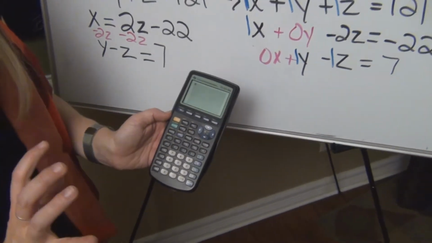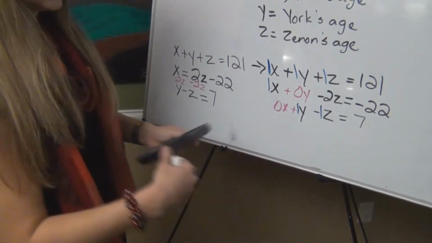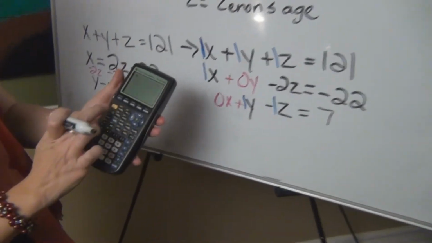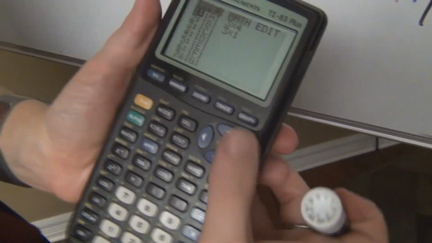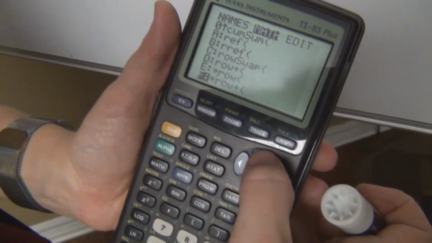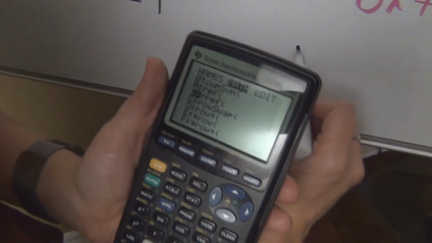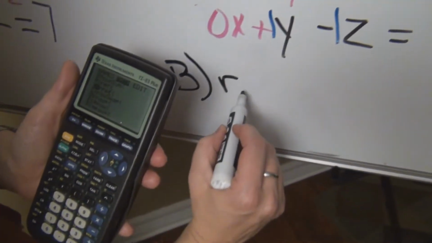Now we're ready for it to do its calculation. We've entered in the data. To do the calculation, you're going to go back to second matrix, and we want it to do some math. So we're going to scroll over to math, and we are looking for the option that says RREF. That's option B. So B is RREF.